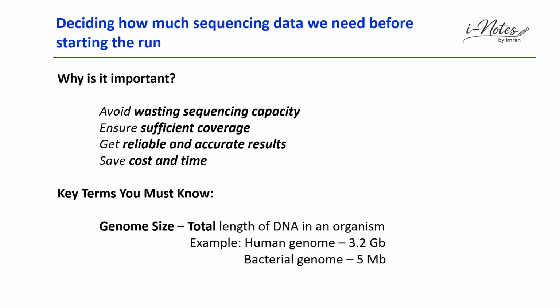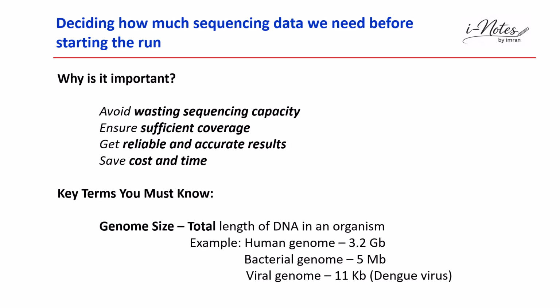A typical bacterial genome consists of roughly 5 million bases. Similarly, if you are working with a viral genome, for example dengue virus, the genome size is somewhere around 11 kilobases. So genome size you have to keep in mind.